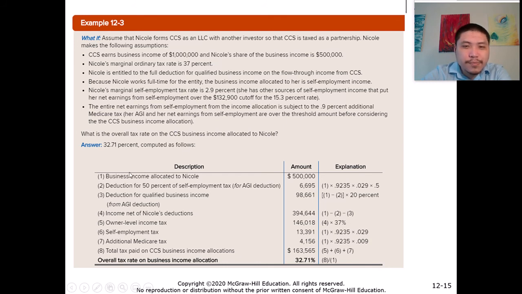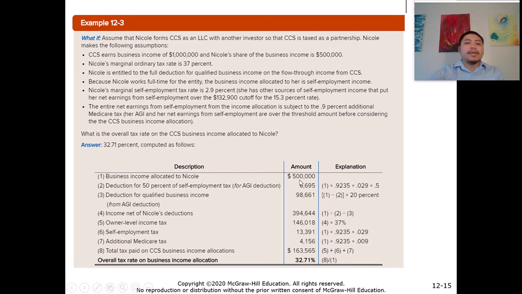So how do we solve this? The question asks, what is the overall tax rate on the company business income allocated to Nicole? First we start with the business income allocated to her. She got $500,000 of business income allocated to herself from the business.